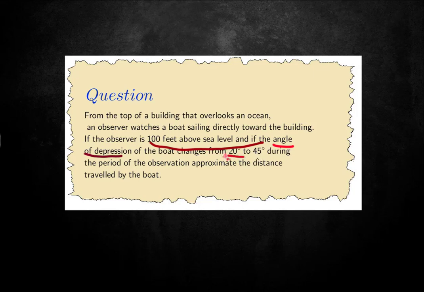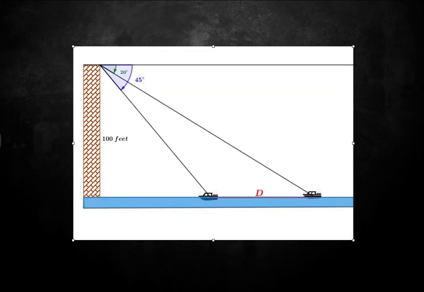They want you to find the distance the boat traveled toward the building during that period based on that information. So this is a classic, elementary trigonometry problem. If we look at the sketch here, this is how it looks.